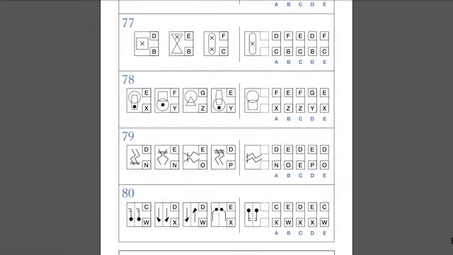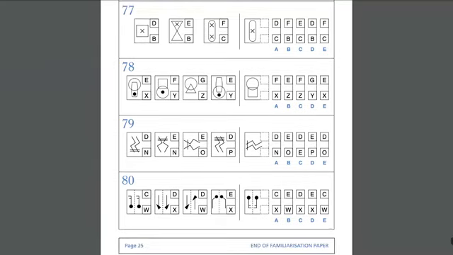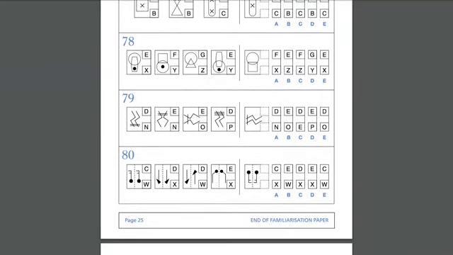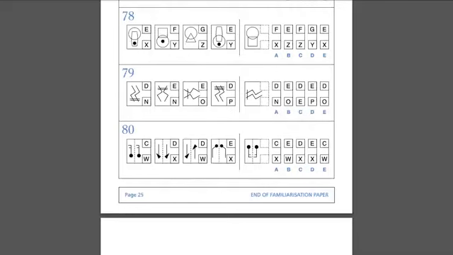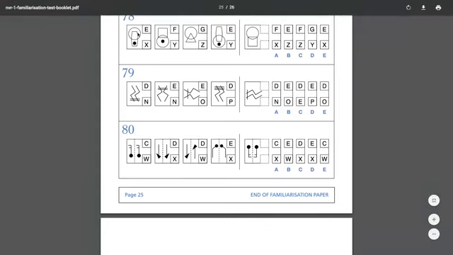What about 77? Yeah, that's an easy one. 77 is C. What about 78? 78 is, yeah, B, because EZ. Z, we know it is overlapping of two shapes, and E is basically, you look at E has something like these shapes.